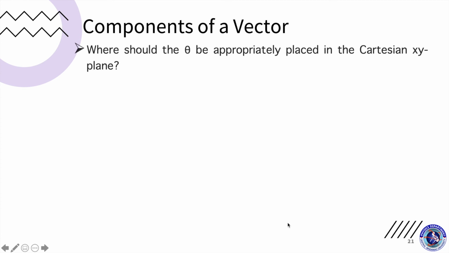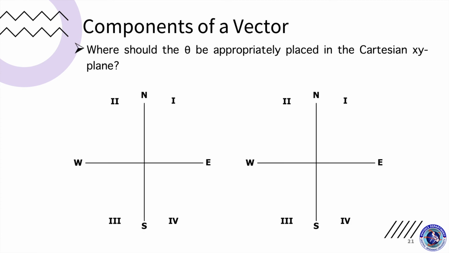And where should your theta be appropriately placed in the Cartesian xy plane? For example, here, take note that this is your north, south, west, and then east. So what if your vector is lying here? How are you going to read this direction theta here? You cannot simply say northeast.